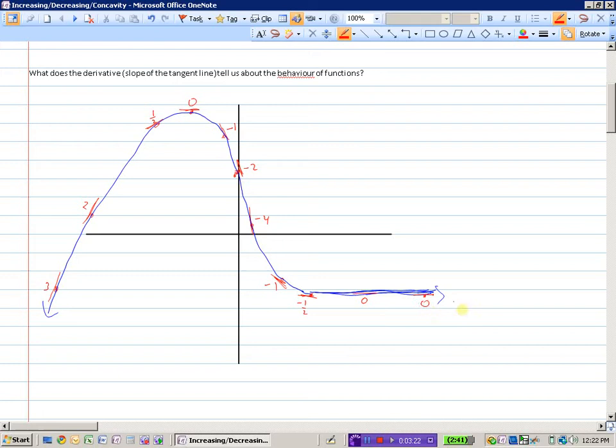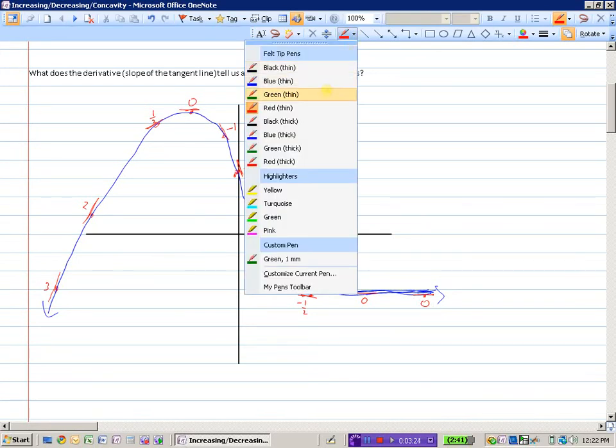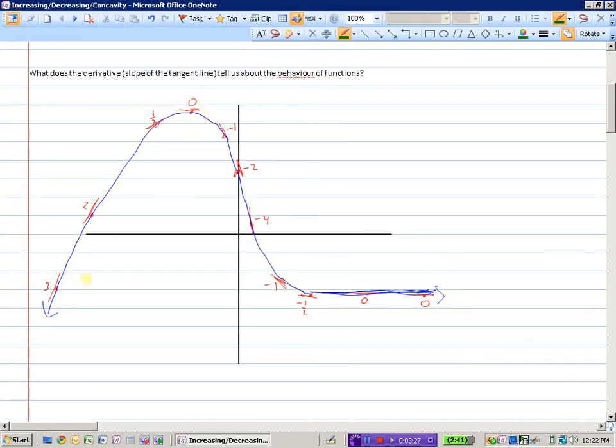So if we were to split this graph up, we said the graph was increasing over here. This is the increasing area. And then the graph seems to be decreasing in this area. And here our graph is constant.